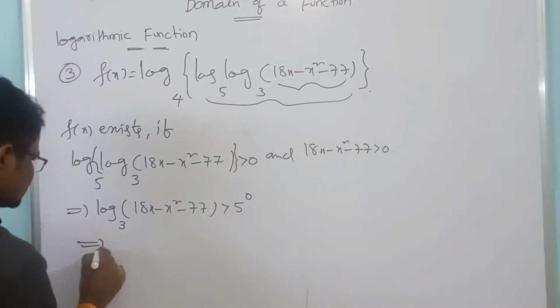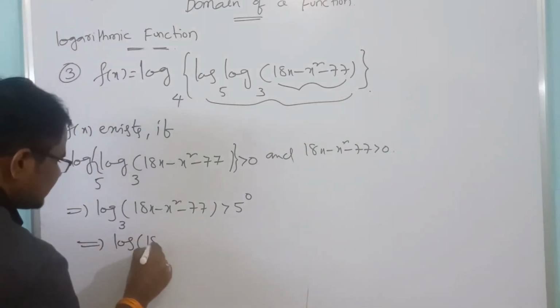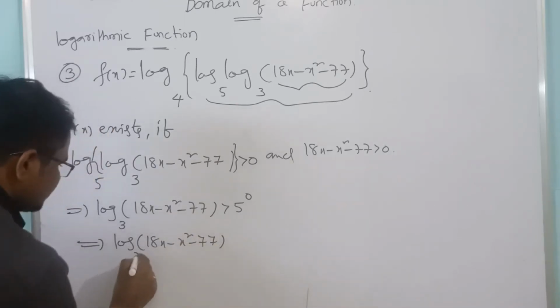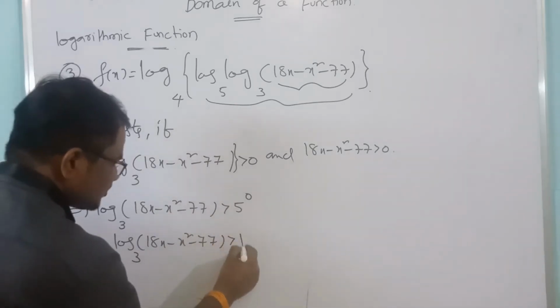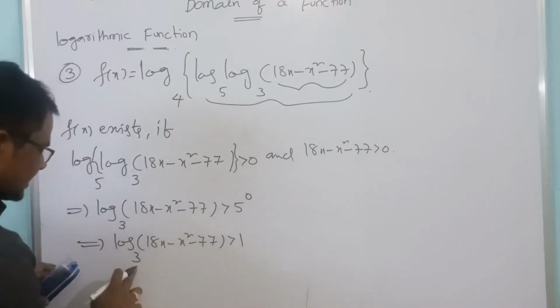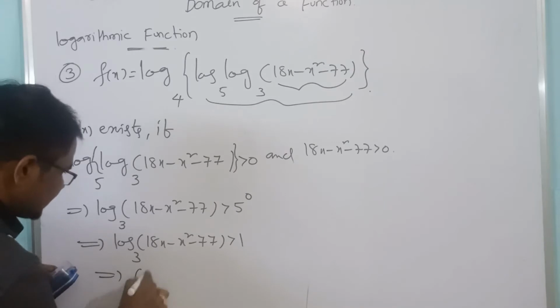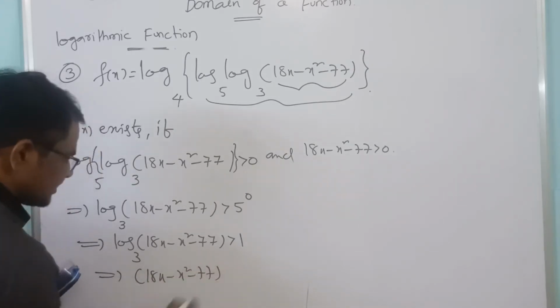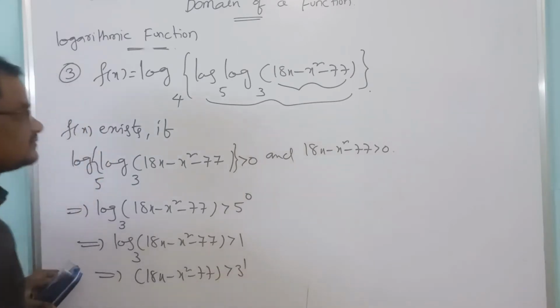That implies log of 18x minus x square minus 77 to the base 3 greater than 5 power 0, which is 1. Again log x to the base a equal to k form, here a greater than 1. Again it can be written as 18x minus x square minus 77 greater than 3 power 1, right?